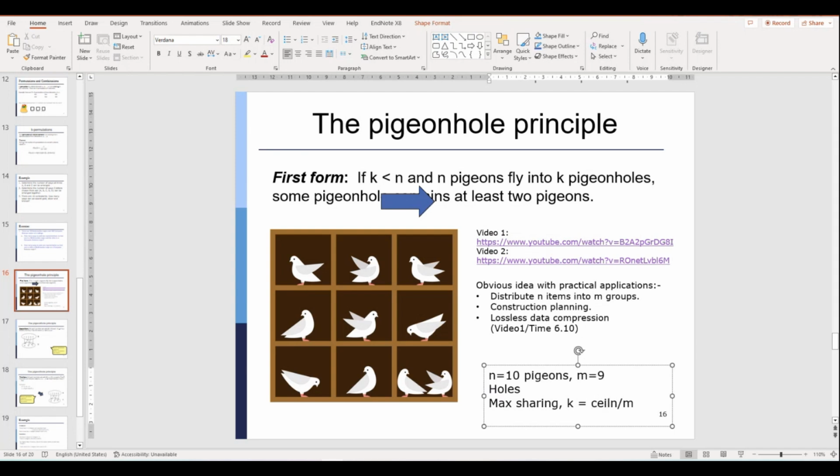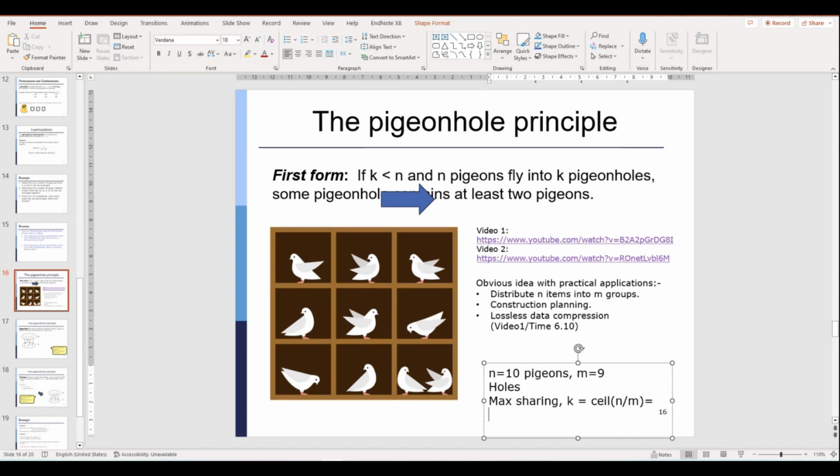I take the ceiling. So the ceiling of 10 divided by 9 will be 1.1111 something, right? So we take the ceiling, which is 2. So you see here, there are 2 birds here, right? Maximum sharing will be 2.